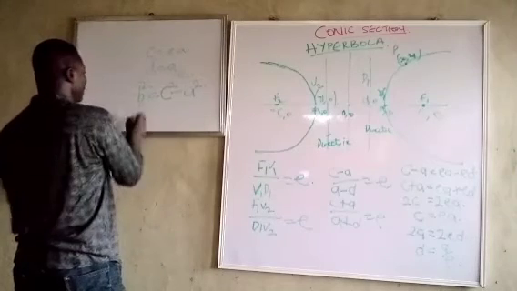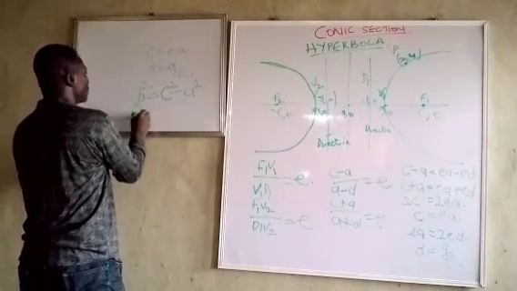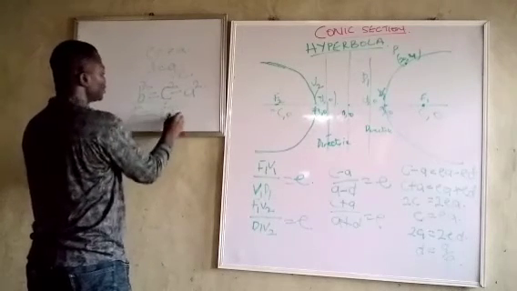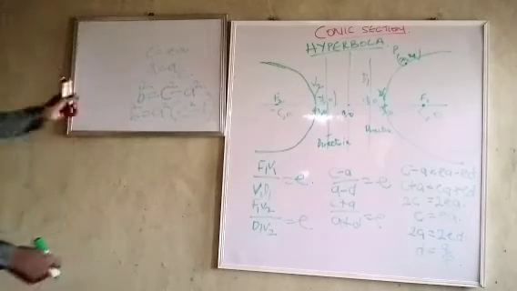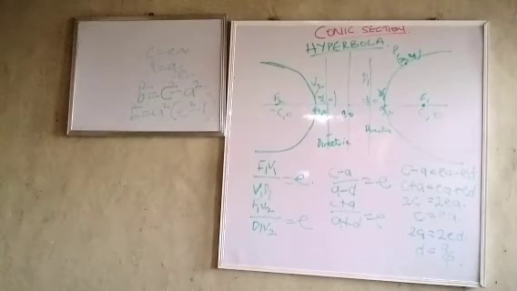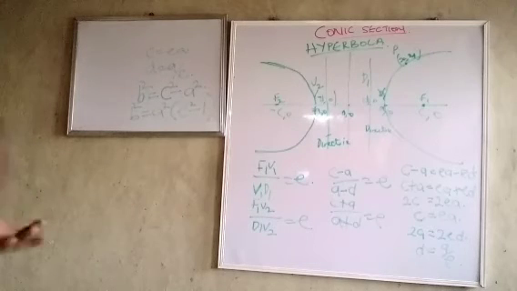And by the time you look at it, you will see that b squared is equal to a squared into e squared minus 1. You can see the similarity between the ellipse and the hyperbola equations.